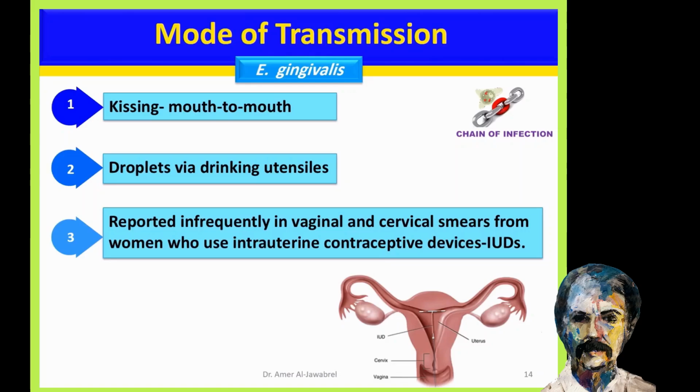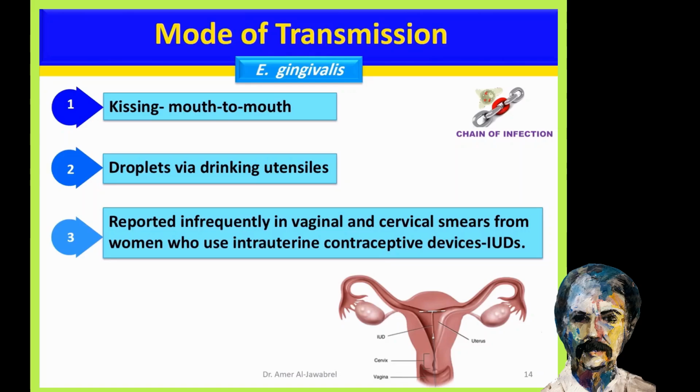Reported infrequently, which means rare, in vaginal and cervical smears from women who use intrauterine contraceptive devices. We call them IUDs. These are the devices that women insert in the vagina so as not to have babies.